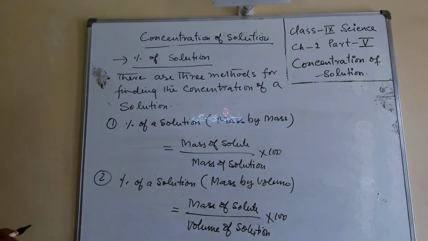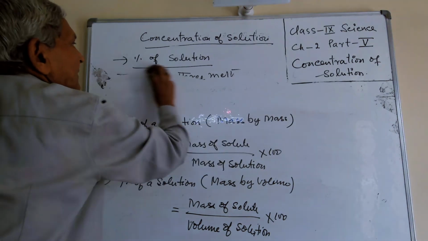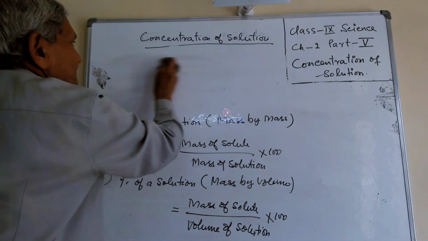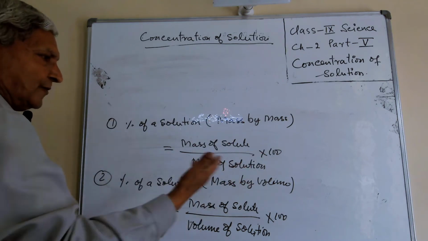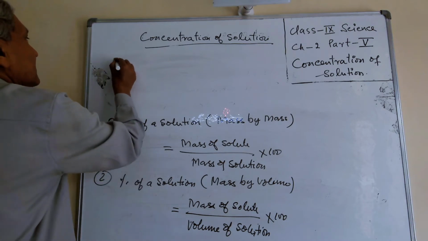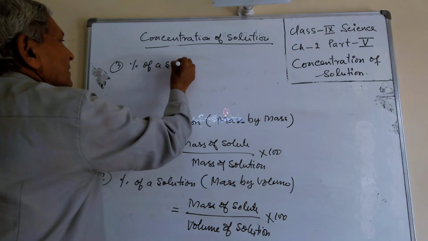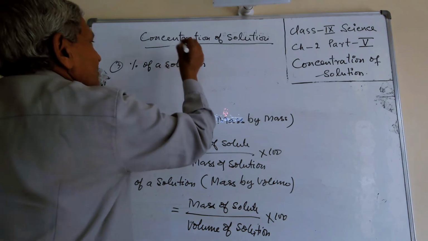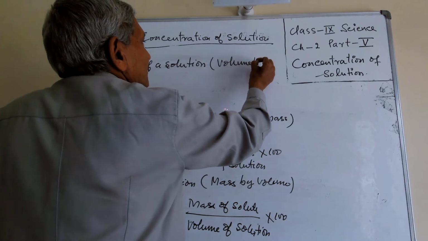Now, what is the third method? You will see. This is volume by volume. In the first method, mass by mass. In the second method, mass by volume. In the third method, volume by volume. Third method, percentage of a solution, volume by volume.